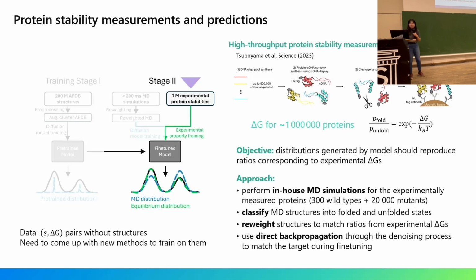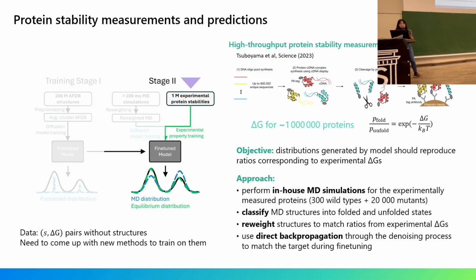So we classify them, and then we reweight the folded and unfolded states based on the given experimental ratio, and then we use the reweighted simulation data to train the diffusion model. This is the first approach that we have done.